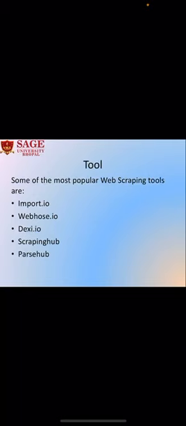They are useful for anyone trying to collect specific data from websites, as they provide the user with structured data extracted from a number of websites. Some of the most popular web scraping tools are import.io, webhose.io, dexi.io, ScrapingHub, ParseHub.